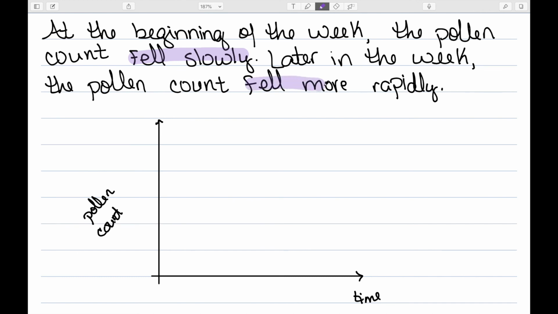Later in the week, it fell more rapidly, so we should be getting steeper as we go on. So we have an initial pollen count. We need it to go down slowly and then slowly get more and more rapid. So we need it to slowly get steeper and steeper. So something like this.